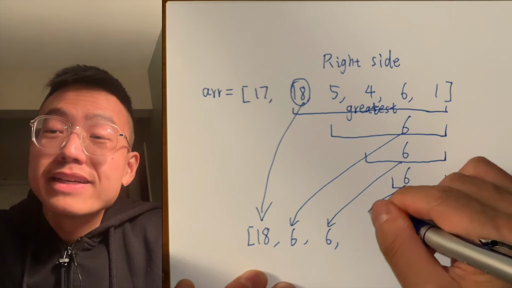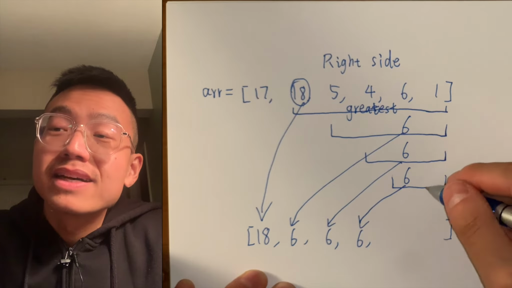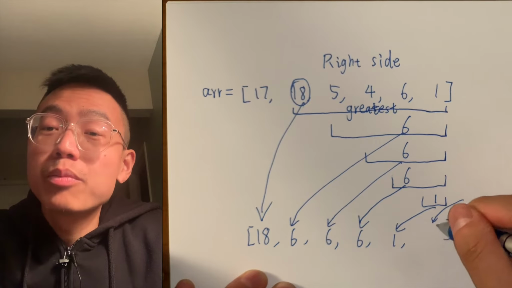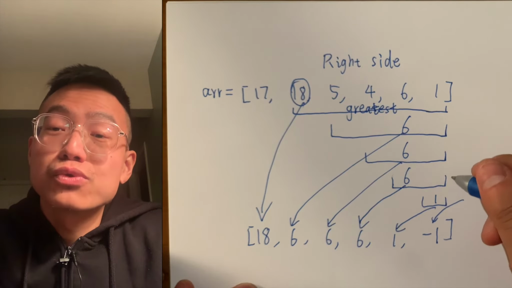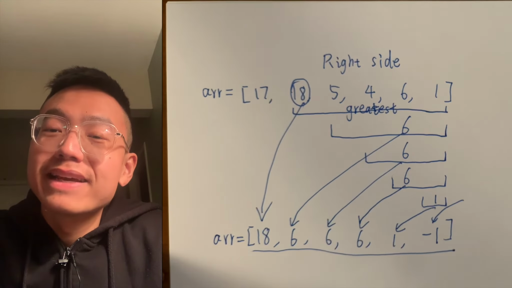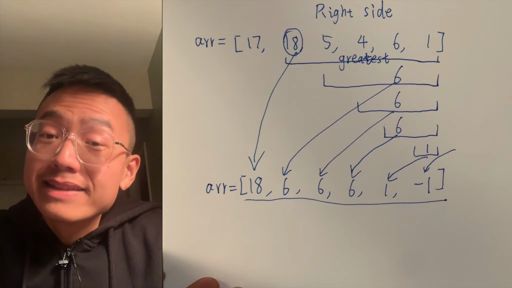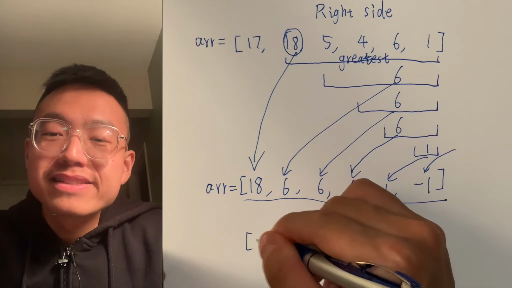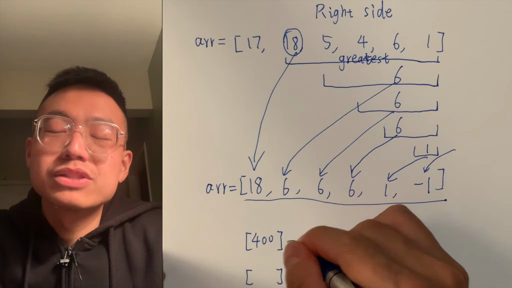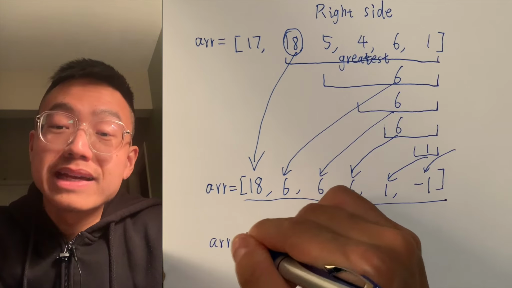So the greatest element to the right of it is 6. It is on index 4. So we keep moving from left to right until we meet the last element, and it is replaced by -1. And in the second example, because we only have one element, we just return -1.